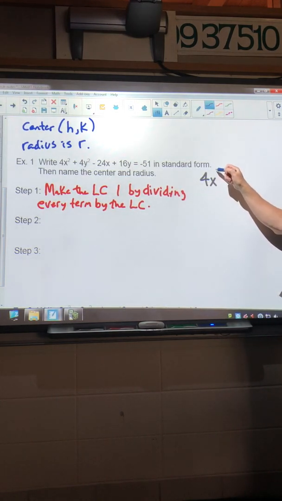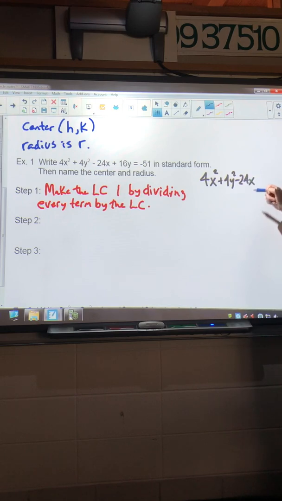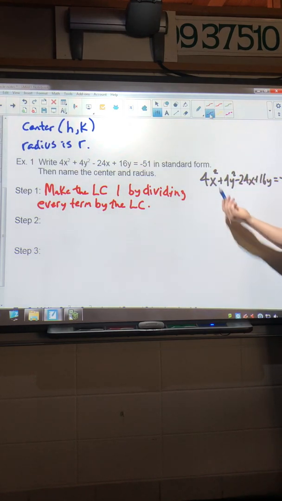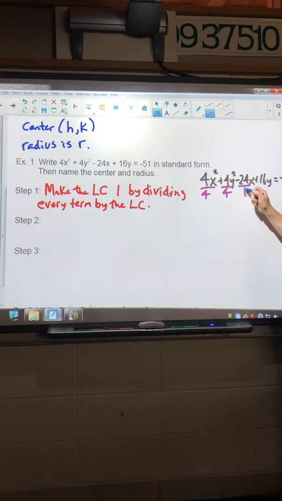Okay, so let's rewrite our equation out here. 4x squared plus 4y squared minus 24x plus 16y equals negative 51. Okay, so divide everything by 4. Everything on both sides of the equation.